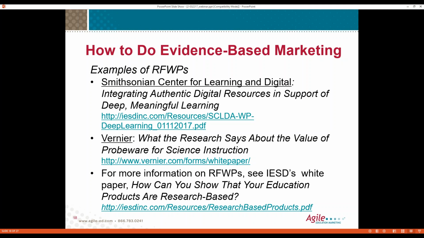So what we pulled together was research and expert opinion on project-based learning, guided exploration of concepts and principles, and also guided development of academic skills. The paper, when you get to look at it, also presents research-based recommendations, which they wanted, and it also presents examples of teachers using authentic digital resources within this Learning Lab product to support deep and meaningful learning.